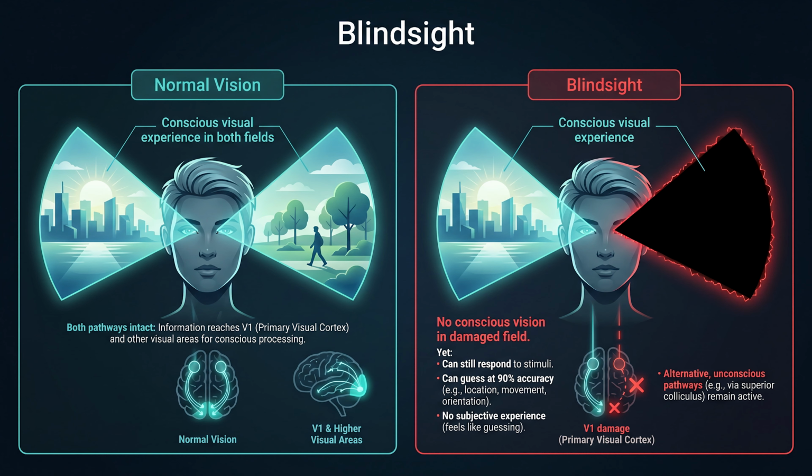She had total lesions of V1. As far as we can tell, the evidence seems to indicate that she had no phenomenal conscious vision. Still, she was able to follow things around. Nick Humphrey even reported that she was able to catch a fly in mid-flight, right? Without conscious vision.